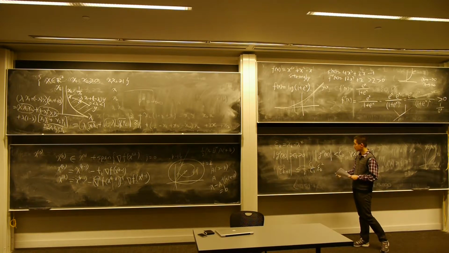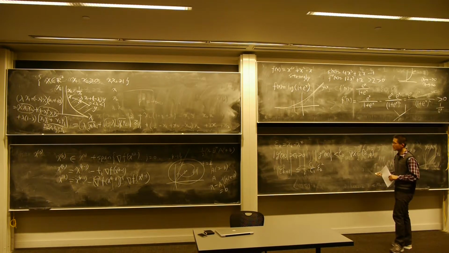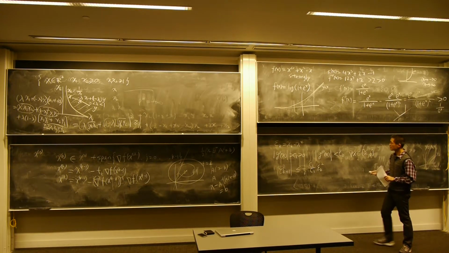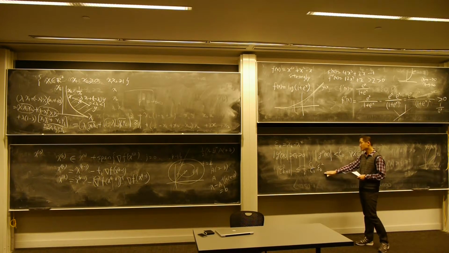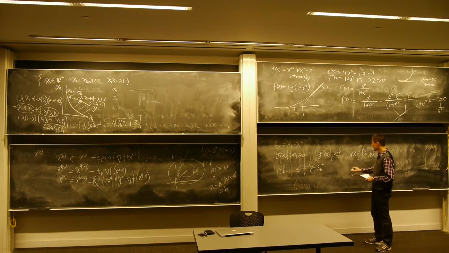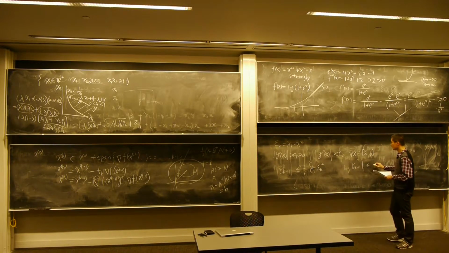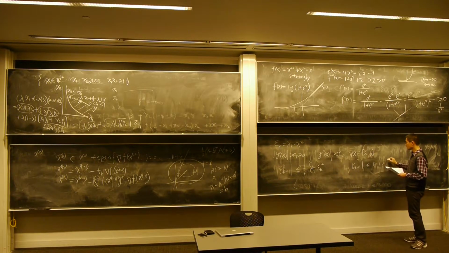So this also means you have log convergence. If you show this convergence rate, then you can get something like log sigma plus 1 smaller than some constant plus 2 times log sigma k.